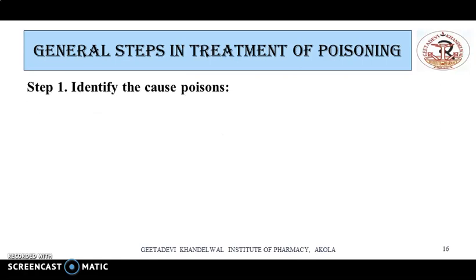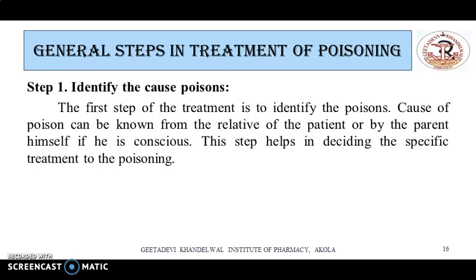So first step, identify the cause of poison. This is the first step of the treatment, to identify the poison. In this step we have to identify the poison by which poisoning takes place. And the cause of poison can be known from the relatives of the patient, or the parents of the patient, or the patient himself or herself if the patient is conscious.